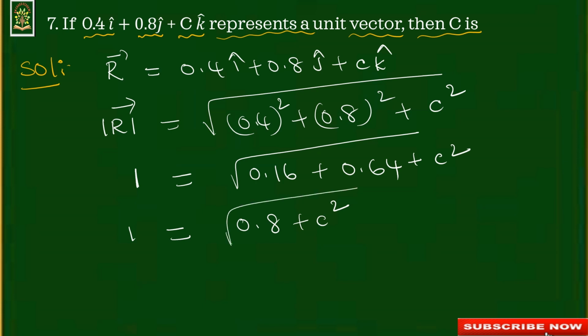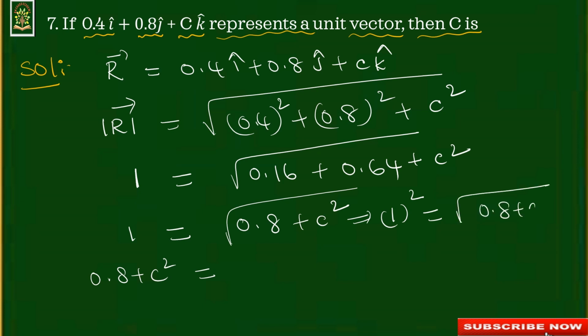Taking squaring on both sides, that implies 1 whole square is equal to the root of 0.8 plus c square, whole square.